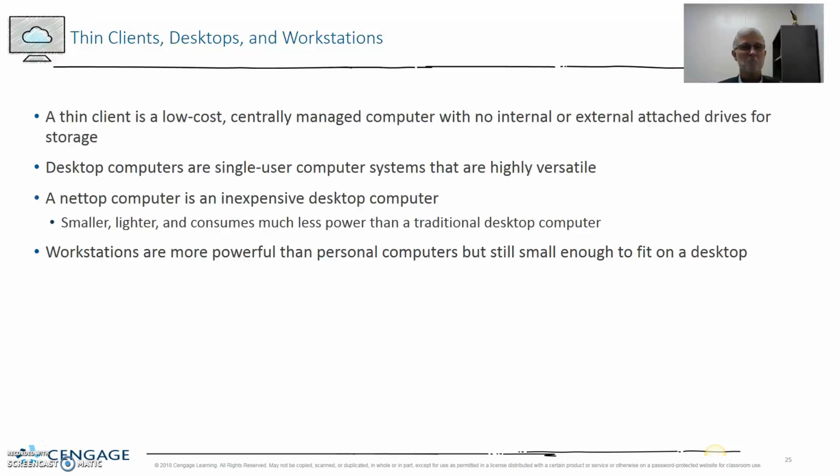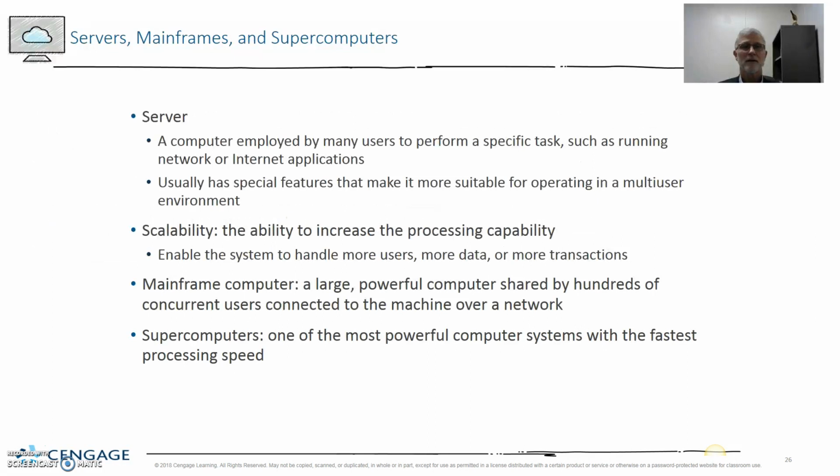Desktop computers, we've used some of the notebooks, the smaller laptops, workstations, a little bit more powerful. Most of the school's computers are more on the desktop size, but if you're running a server, it could be a workstation.